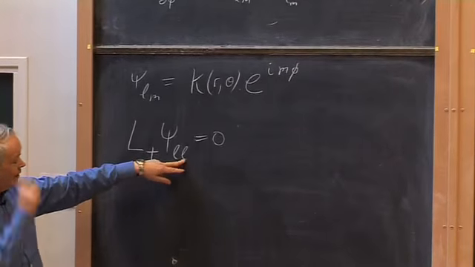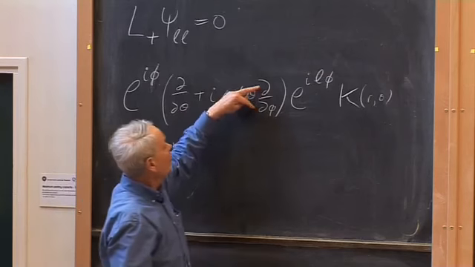Copying down what that is, turning this equation into the position representation: e to the i phi, d by d theta plus i cotangent theta d by d phi, operating on e to the i L phi times this function K, which depends on r and theta. Especially it depends on theta. The r dependence we don't care about because we've got no differential operators here with respect to r.